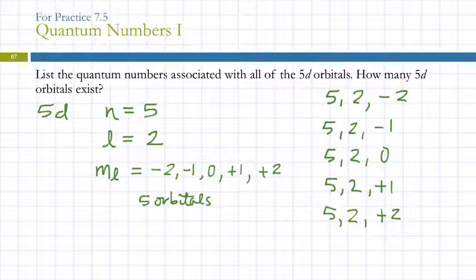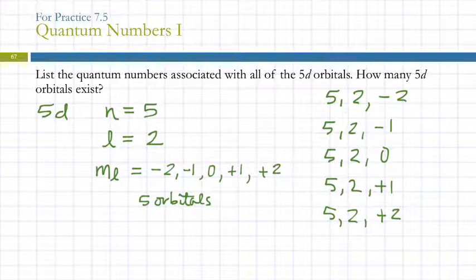Any questions? Yes? What is the main number? So this is N, and this is L, and this is M sub L. So this describes one orbital, and this describes another orbital, and another, and another, and another. So these are the 5 orbitals. Wait, so why is L 2 and not 4? Because it's D. L can be 0 up to N minus 1.